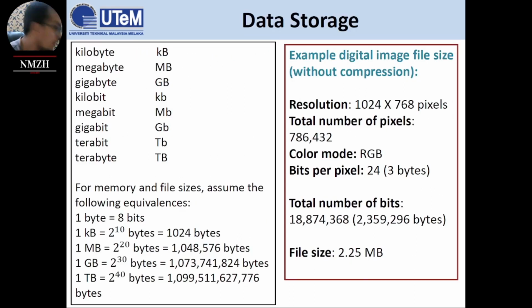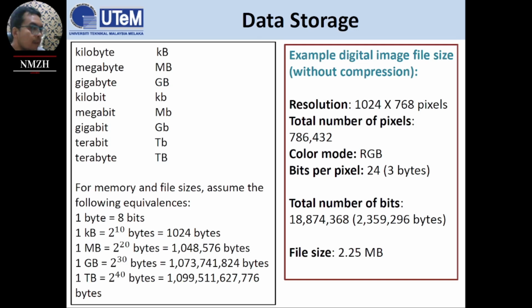Okay, now this is an example of data storage that we have in our hands. The example is taken by having, let's say, a digital image file without any compression. 1024 times 768 pixels, because an image has height and width.